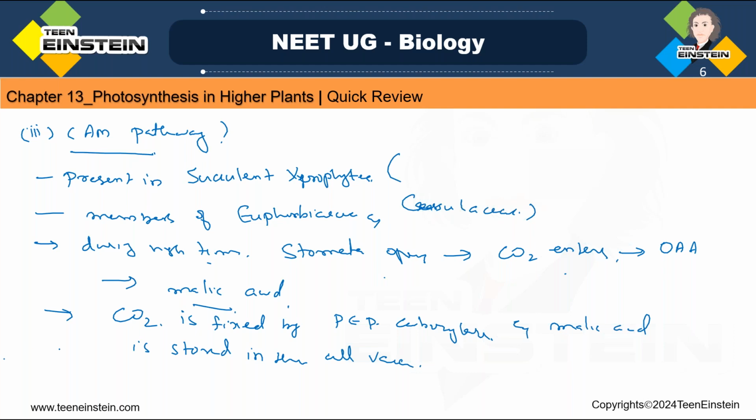The malic acid which is produced at night results in the production of both pyruvic acid and carbon dioxide on decarboxylation.